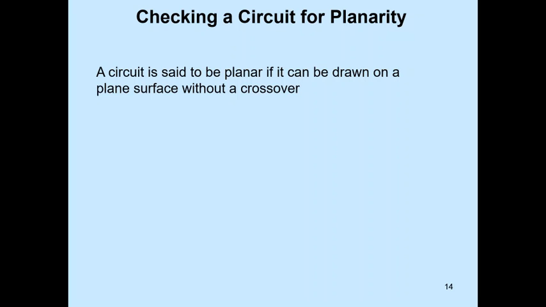First, is the circuit planar or not? First, we have to check that. A circuit is said to be planar if it can be drawn on a plane surface without a crossover.